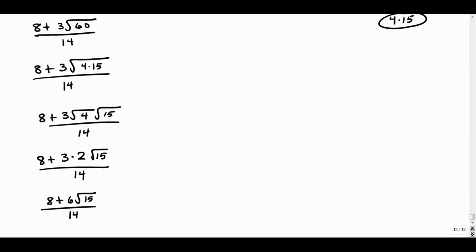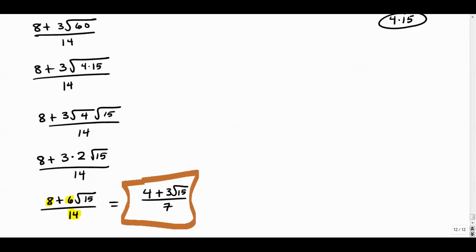Now watch this, we've got 3 numbers that are outside of our radicals. If you can simplify those, you have to. They're all even, so let's cut all of them in half. And that represents one solution to our quadratic.